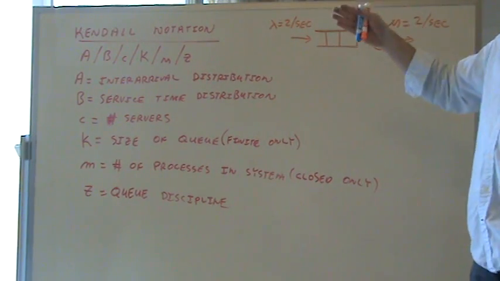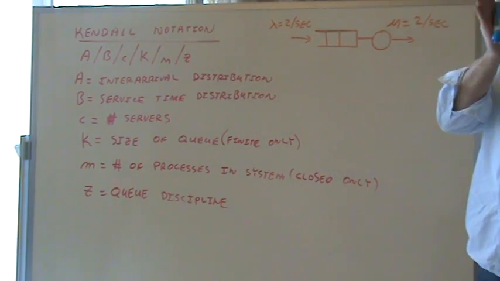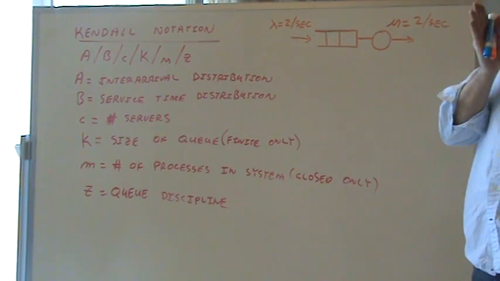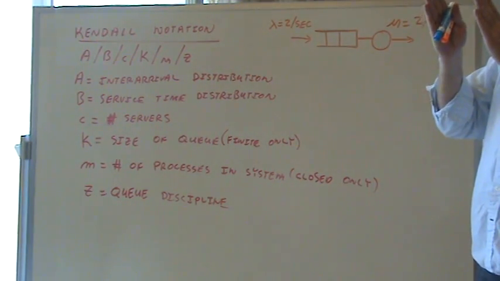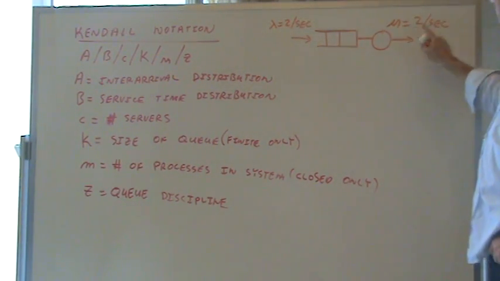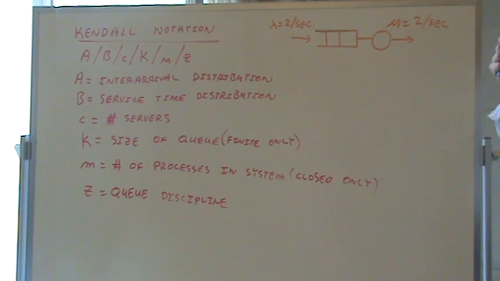When the clock hit exactly one second, someone shows up. And exactly one second later, the service time is not only two per second, but to service each customer takes exactly one second. It's not like it took 1.5 seconds for the first one and then 0.5 seconds for the second one, and it kind of averages.